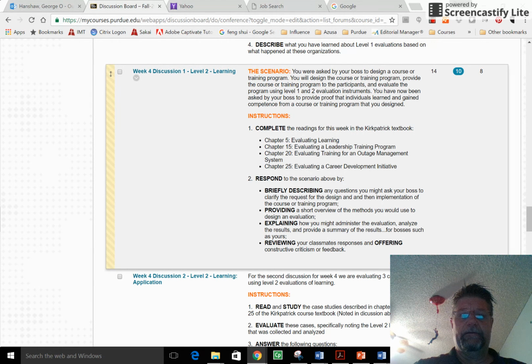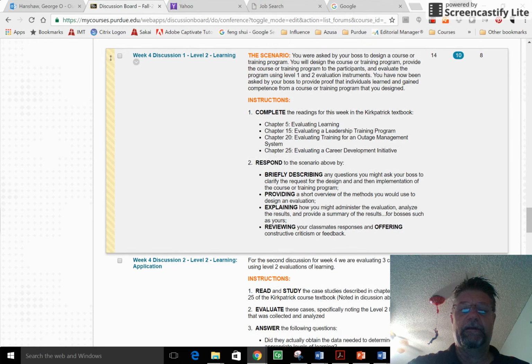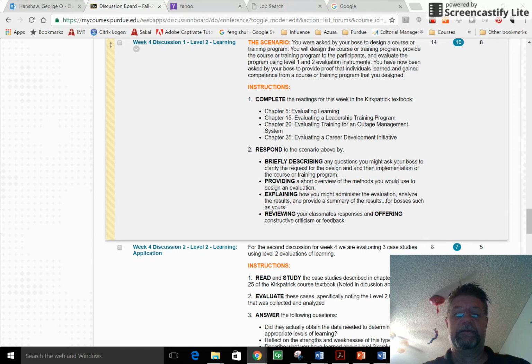And one thing, when you look at the methods and explaining, you can be brief. Everybody's doing an excellent job in there currently. When you do talk about the methods, just say I would use, and then describe the instrument, if you will, and then explain how you would administer it and analyze the results.